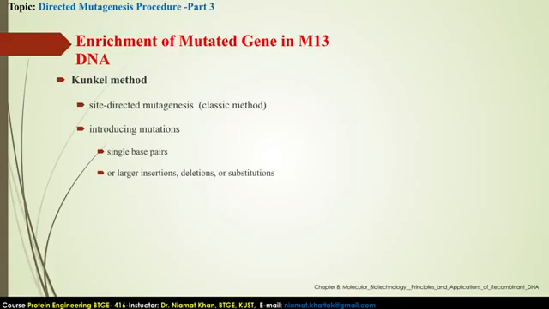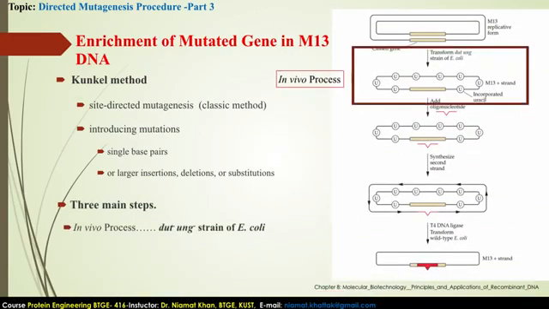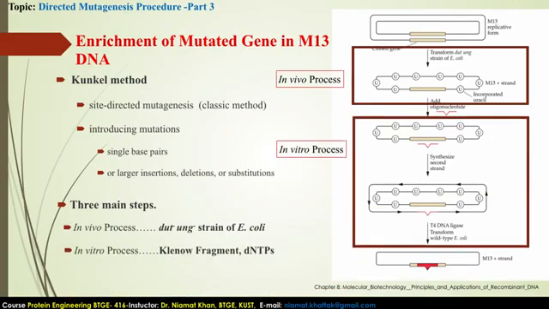So, the con-kill method can be split into three main steps. First, the in vivo process. In this process, we use a special type of E. coli strain that lacks two enzymes that are involved in the replication process of DNA. This step is followed by the in vitro process.